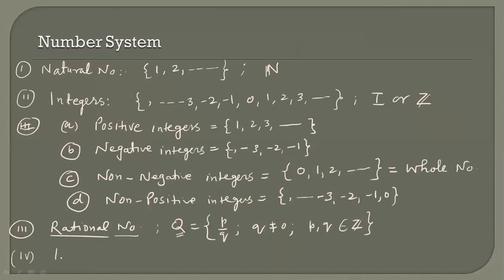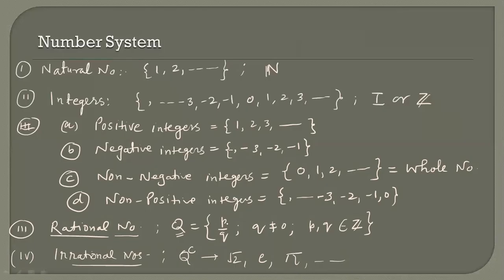Fourth is irrational numbers. It is represented as Q complement, and the numbers which are not rational are called irrational numbers. Some of them, √2, exponential e, pi, are irrational numbers.